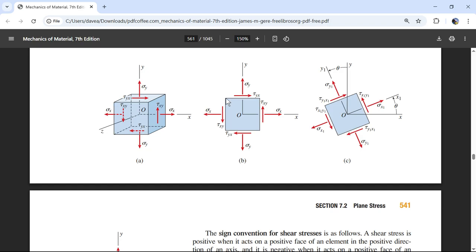Even though this is just a side view, this actually is a cube that goes into the page. So if we cut at this 45, it's like cutting right here at a 45 and lopping off this side. That area is going to have an area that's the square root of 2. You know what I mean? It's going to have square root of 2 area.